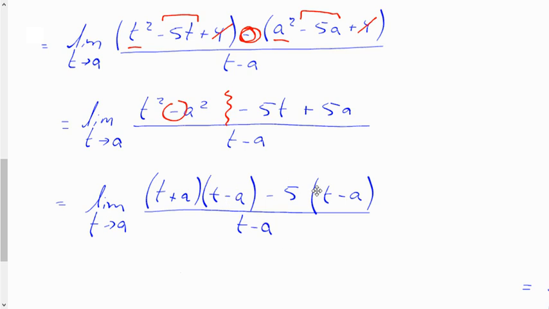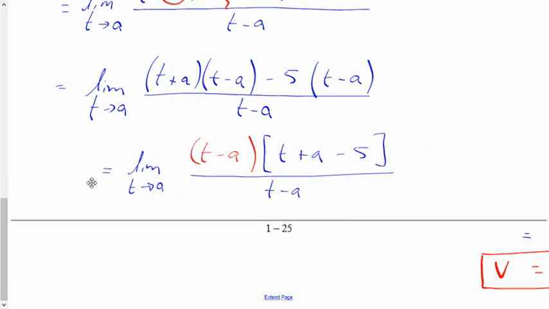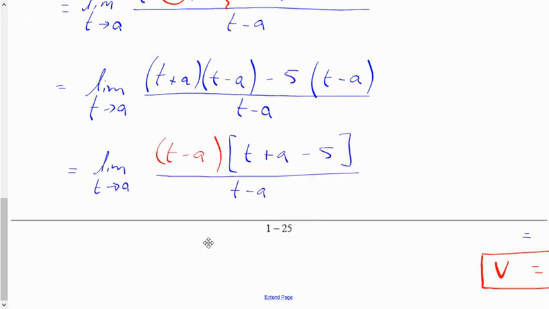When I pull that common factor out in front, I'm left with t plus a minus 5 left over.